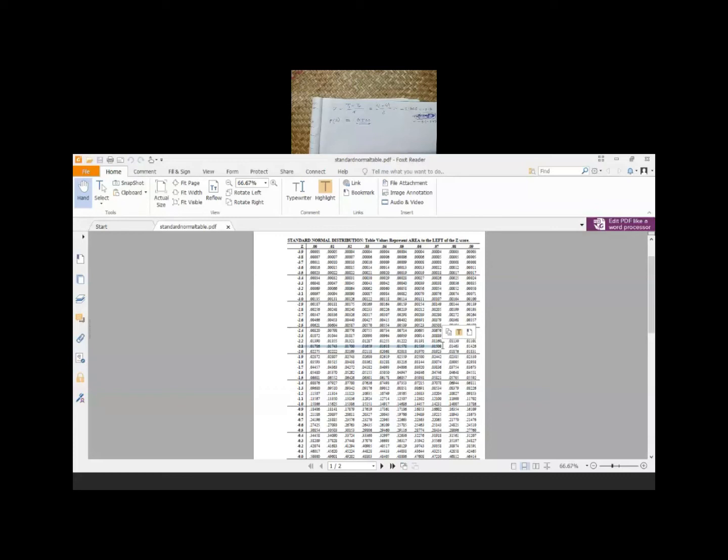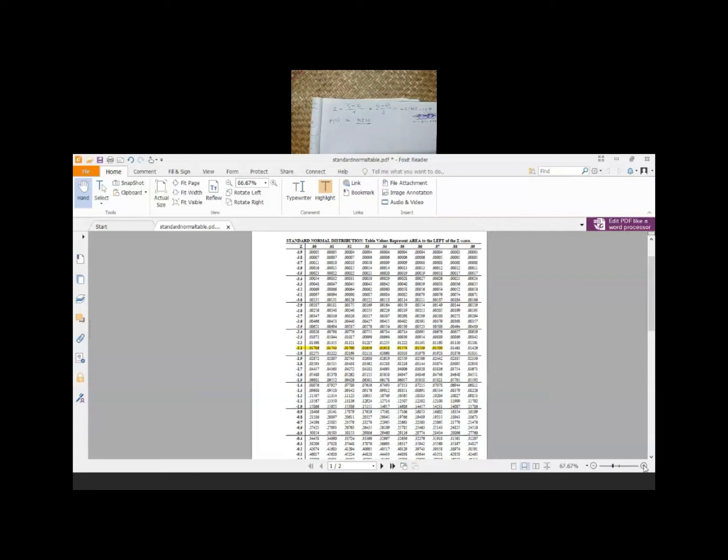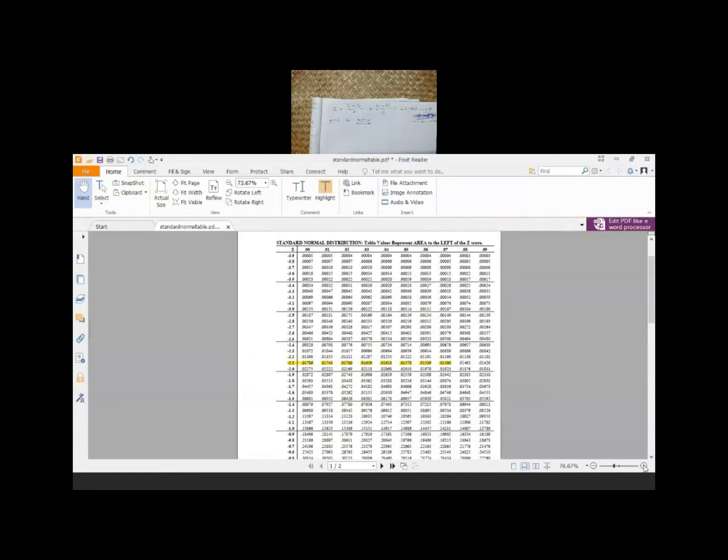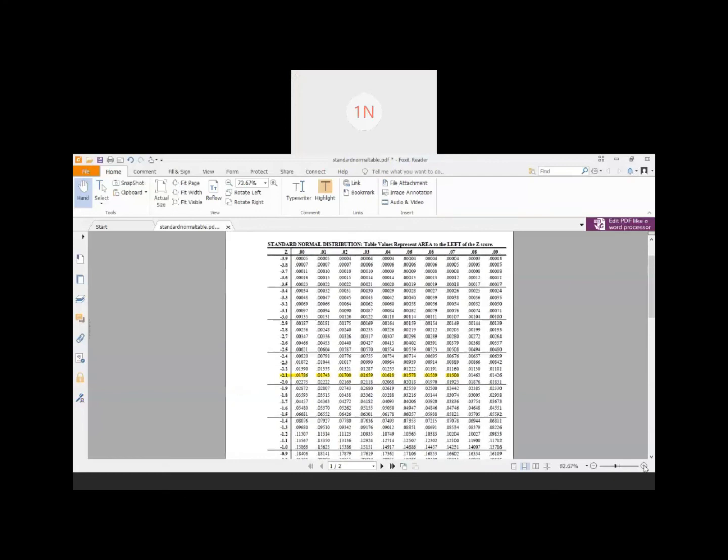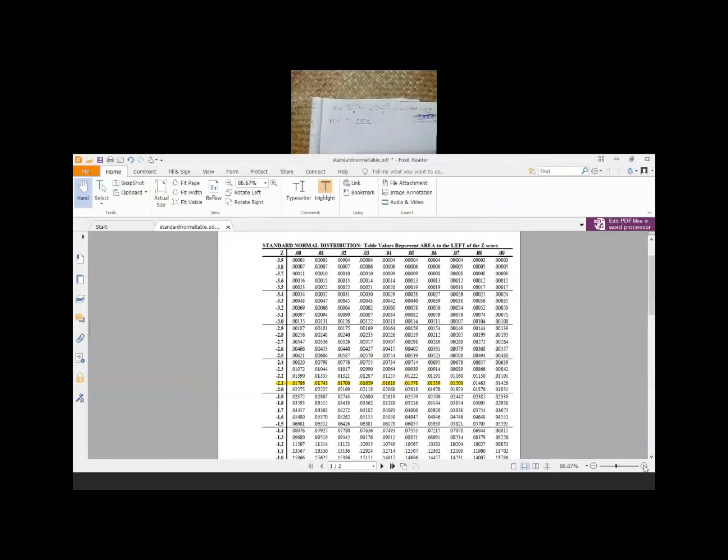So first we will go with the left side Z values, and there we will select minus 2.1. Can you see the yellow highlight? Okay, I'm zooming in. Now you see I have highlighted the row with minus 2.1 on the left.